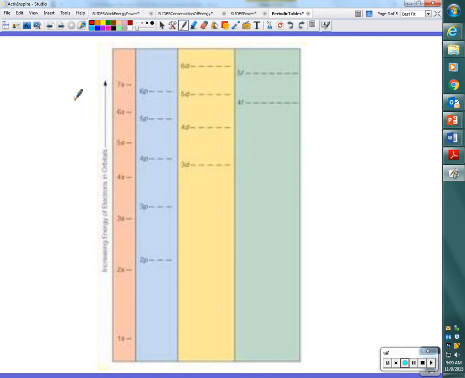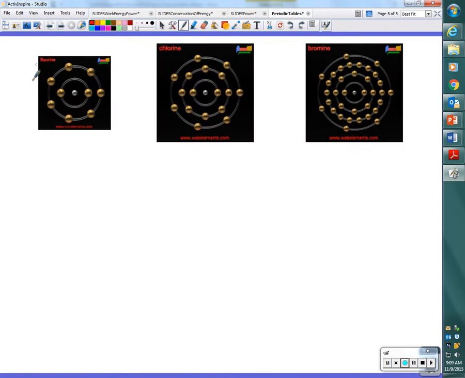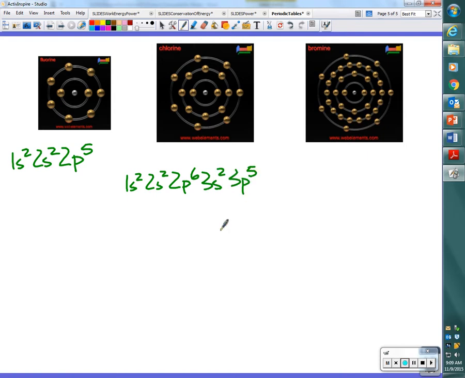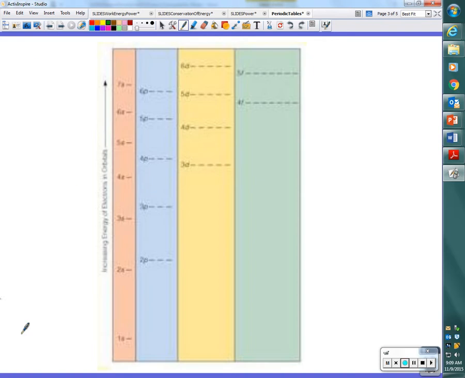All right, I'm going to write some electron configurations. I'll put the chart back up in a second, promise. Last one, right?